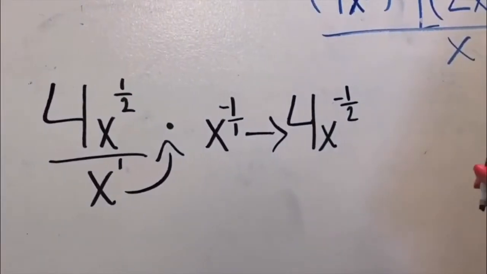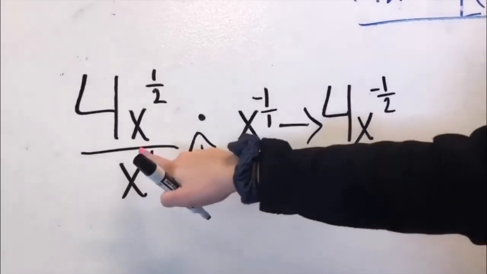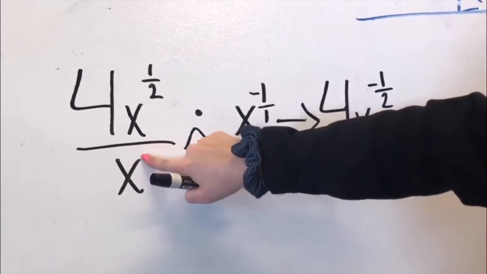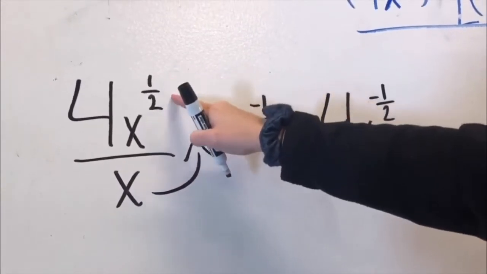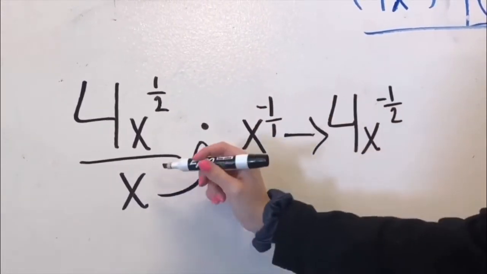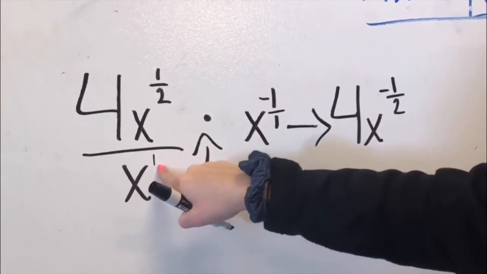Okay, so let's just explain that part a little bit more. So right now, over there we were given this, minus the 1 here. So it was just 4x to the positive 1/2 over x. And so I wrote this 1 here because this x is to the first power.